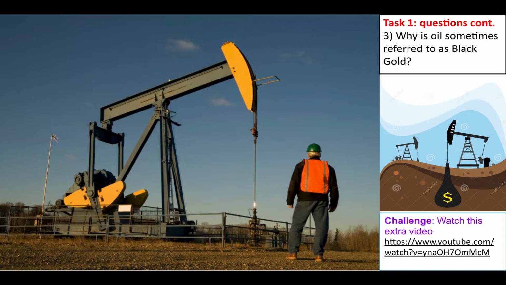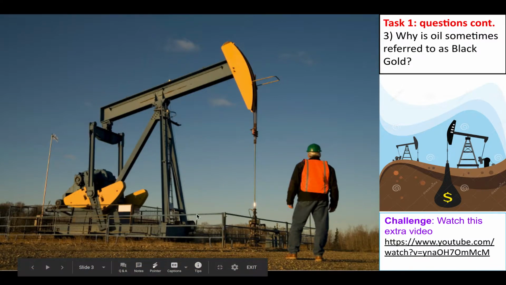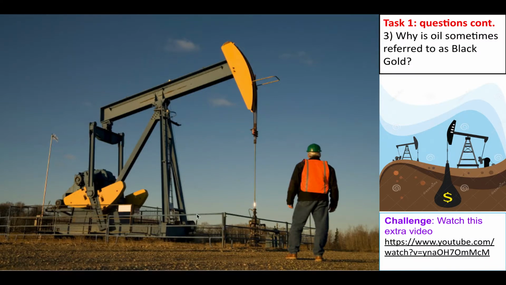Although it's very expensive to build all of the machinery and maintain it, it is such a high demand good that the price that it sells for, although it goes up and down, it fluctuates, tends to earn people enormous profits. So black gold is the sort of term that we might use when we're talking about how valuable oil can be and how much it can sell for.